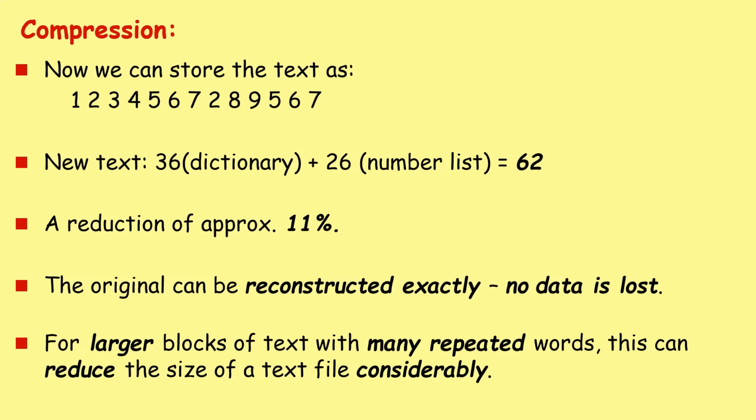I have to include spaces there obviously as well, and that gives us 62 bytes. But we've gone from 70 to 62, which is a reduction of about 11%. Now remember, the original can still be reconstructed exactly. No data is lost. For larger blocks of text with many repeated words, this could reduce the size of the file considerably.